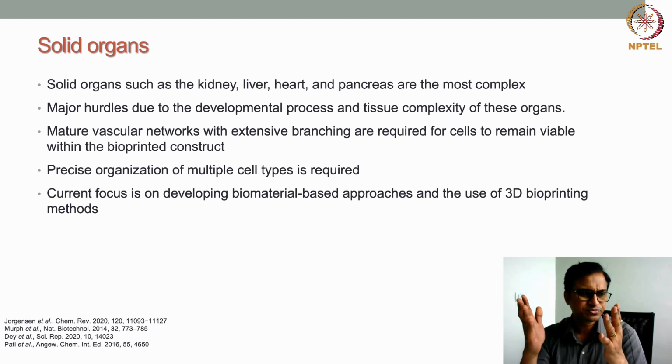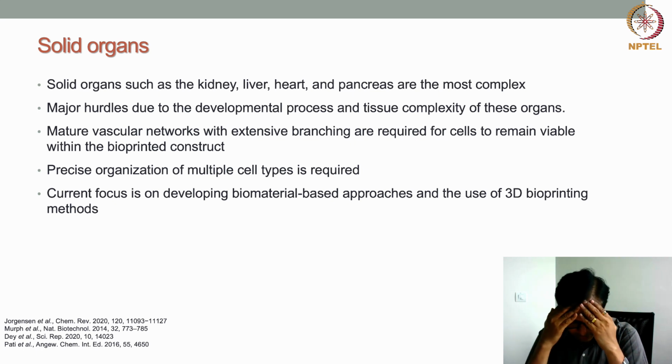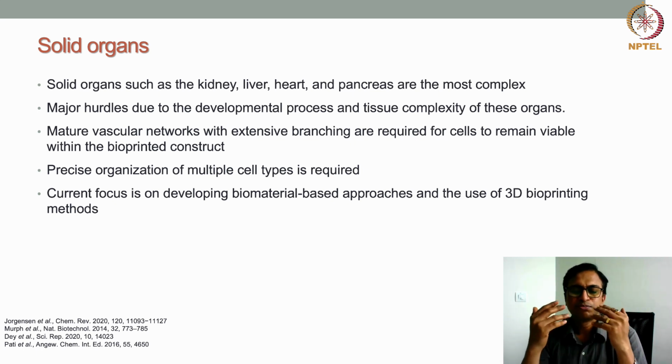it has been projected by a few researchers that cells cannot survive if they are more than 200 to 300 micron away from a blood vessel supply, like the blood vascular supply.